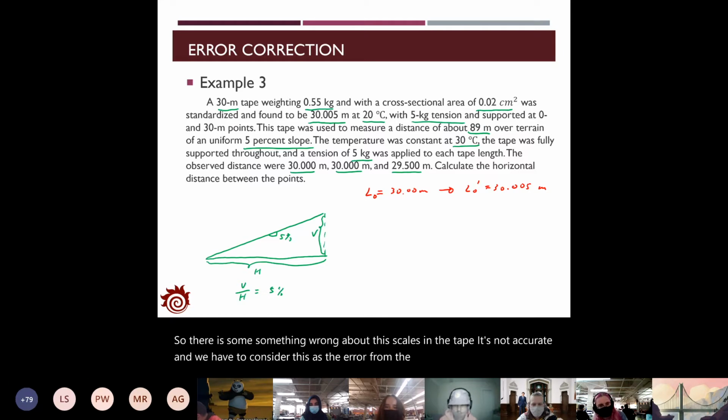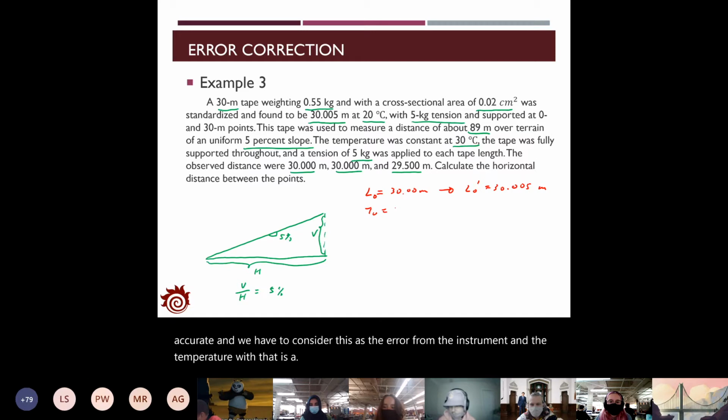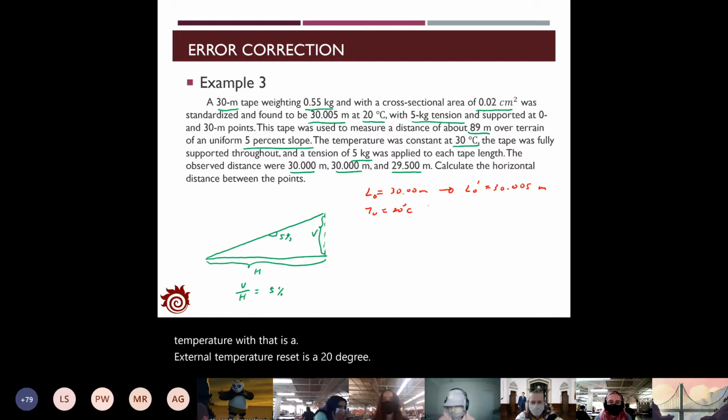And the standard temperature we set is 20 degrees, and the standard tension is 5 kilogram, and we also know the weight.